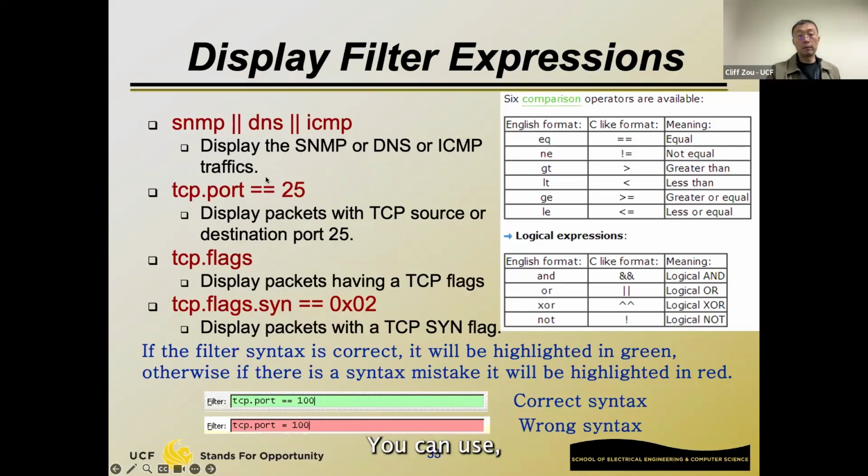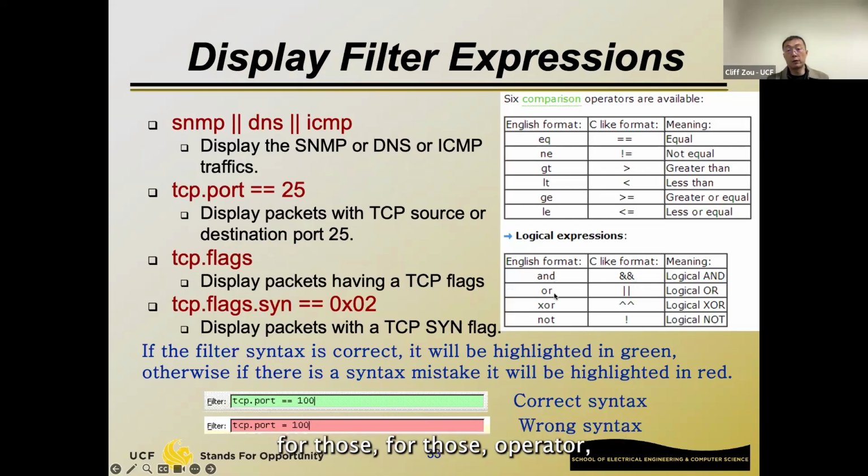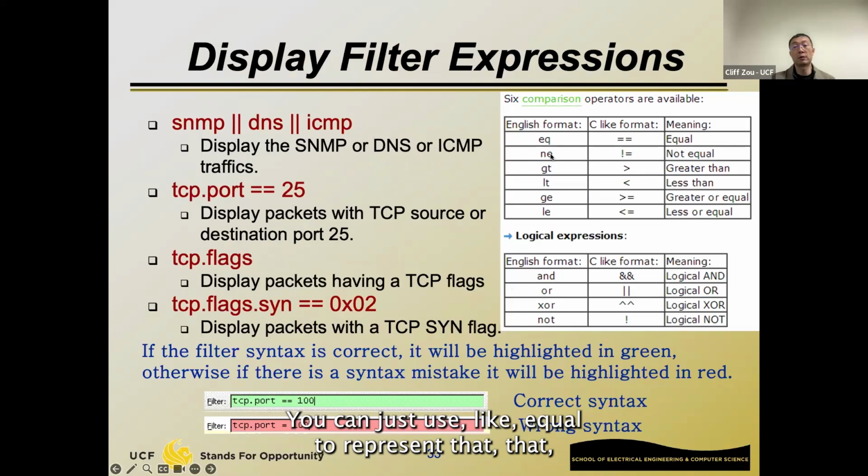You can use this logical operator, or this represents all. You can use this symbol format, or you can use the English word for those operators, like equal. You don't need to use this equal sign. You can just use eq to represent that comparison operation.